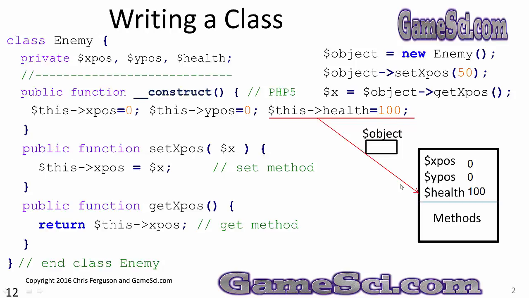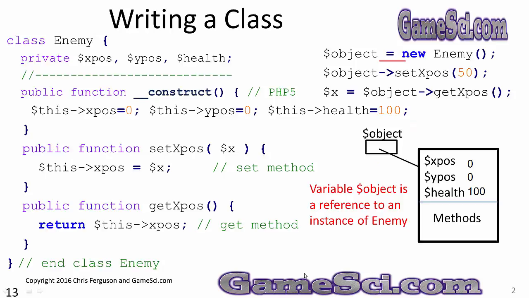Follow the arrow. Remember, 100 is full health. You should start at full health. And we'll set health to 100, and you can see this object's health variable gets set to 100. That's typically what constructors do. They build the object and set the initial values of the variables.